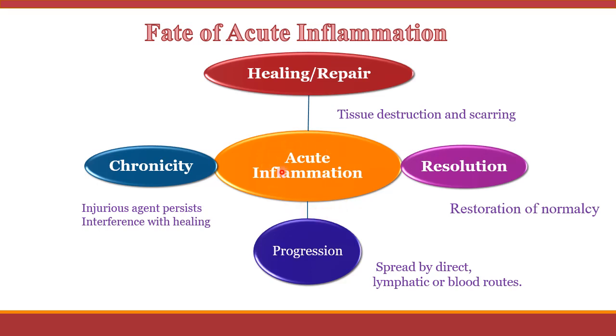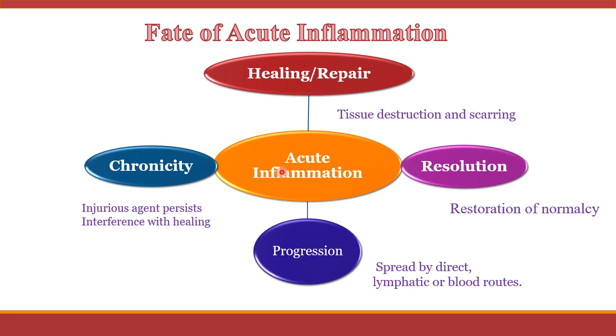Now we are left with one final question. What is the end result of the acute inflammation? What will happen? Is the patient going to survive or die, or will he have damage of his tissues or not? What will happen next after the acute inflammation state?